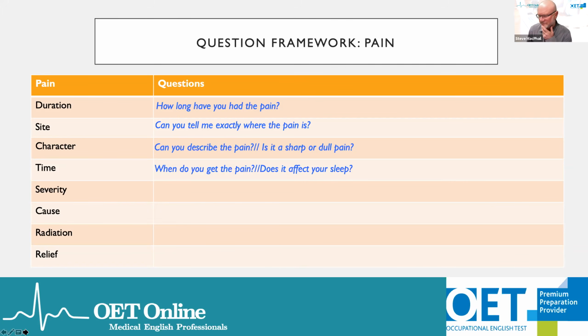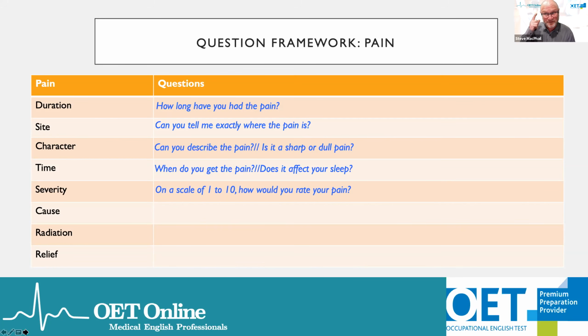Close, Jane, I should say. But instead of describe, I want a different word. On a scale of 0 to 10, how severe, almost far deep, just word order, how severe is the pain? All right, and the one that I've got here, on a scale of 1 to 10, how would you rate your pain?